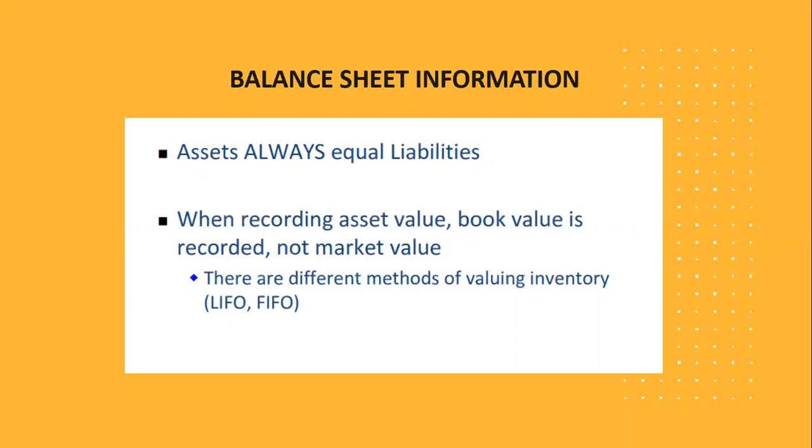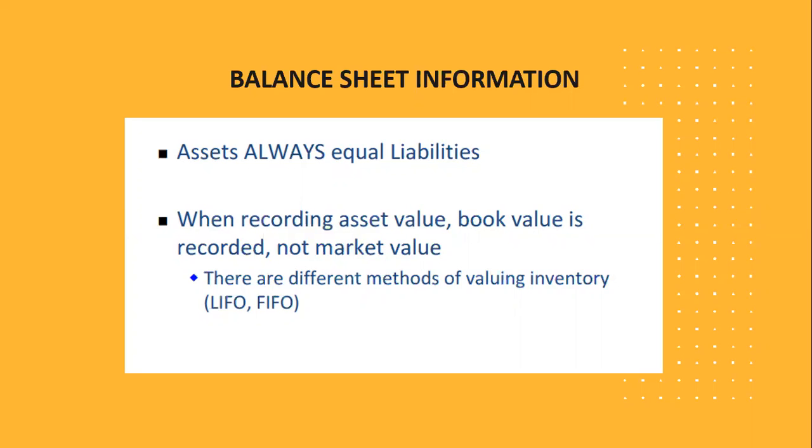One thing to mention here is that when an asset value is recorded, it is recorded on the book value, not on the market value. So the book value is basically the original value that the asset was bought at minus the depreciation. So that is the value that is reflected in the balance sheet.